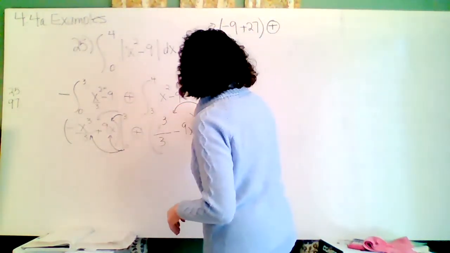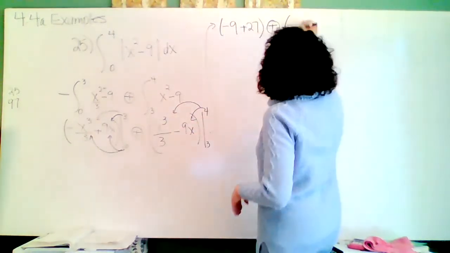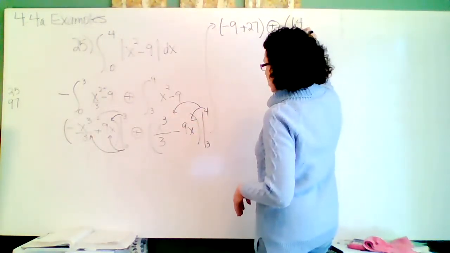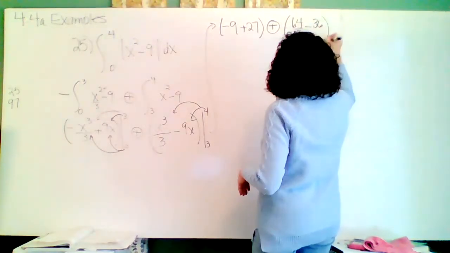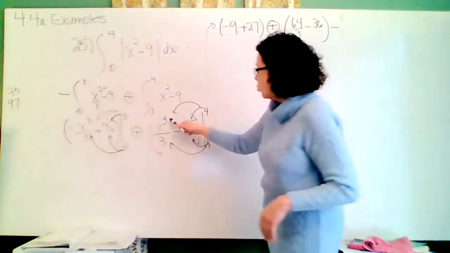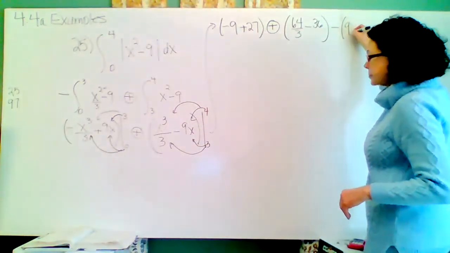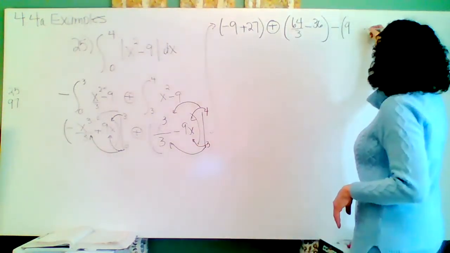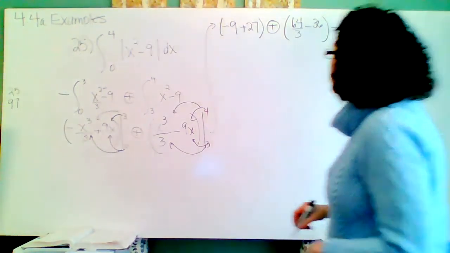F of B, that would be 64 thirds. F of B minus 36, minus, now I'm going to do my F of A. 27 divided by 3 is 9 and minus 27. Okay, let's take a look here.